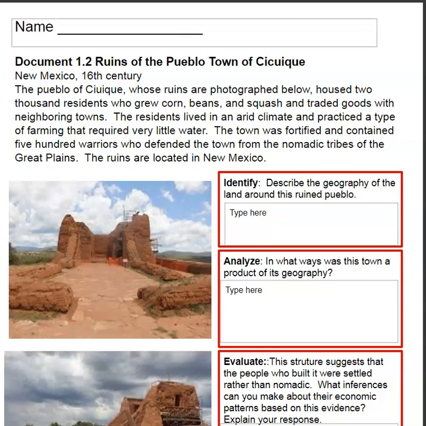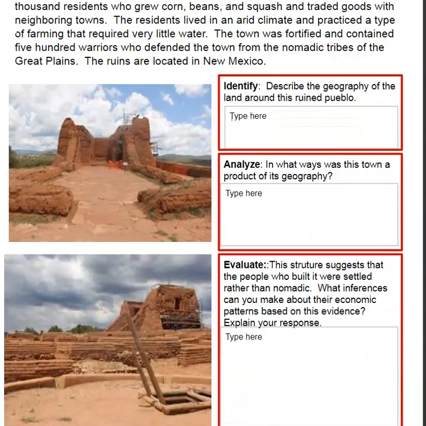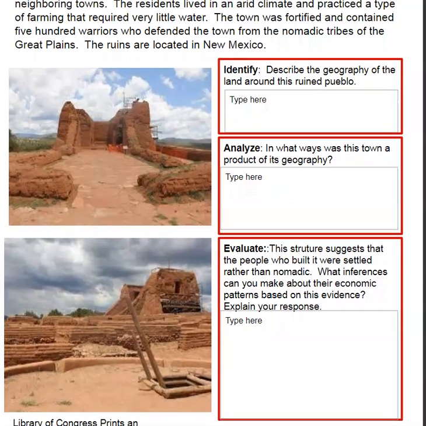So first thing you're going to do, this is 16th century, so we're looking at the 1500s. Look at the geography, describe what you see around these ruins, and you're going to identify that. And then the next question, when you're analyzing, it asks you, in what way was this town a product of its geography?